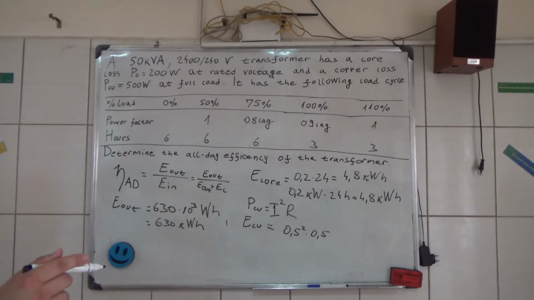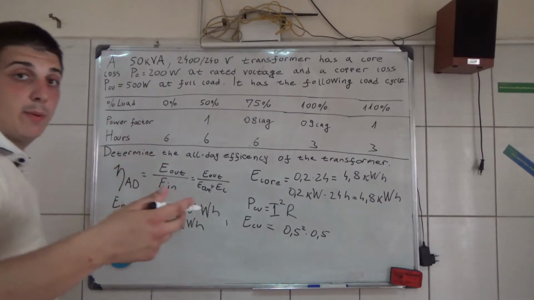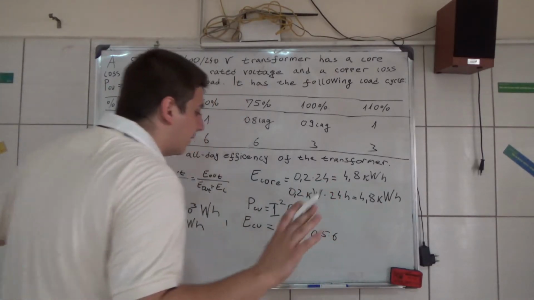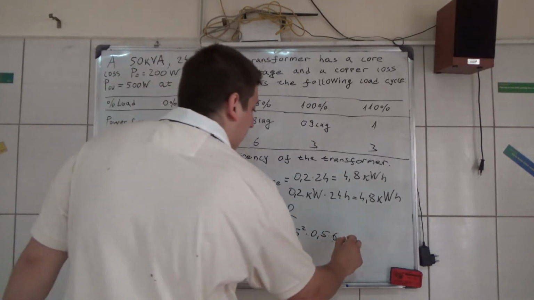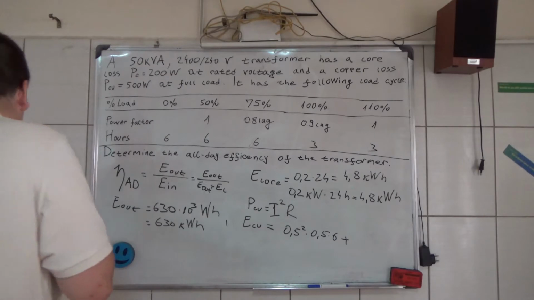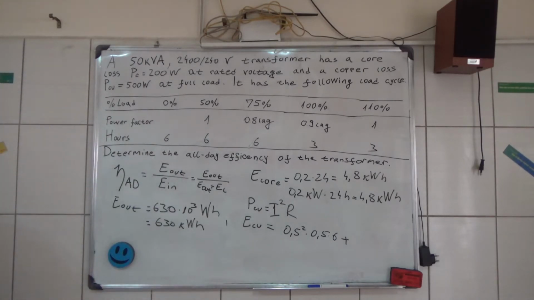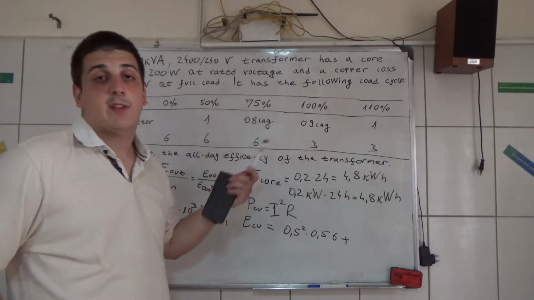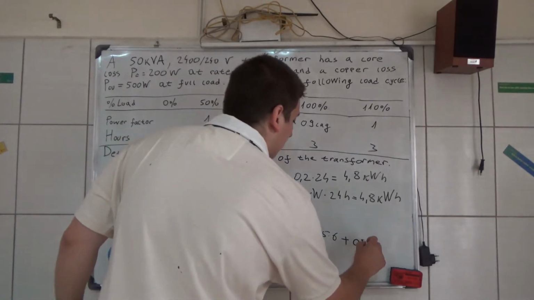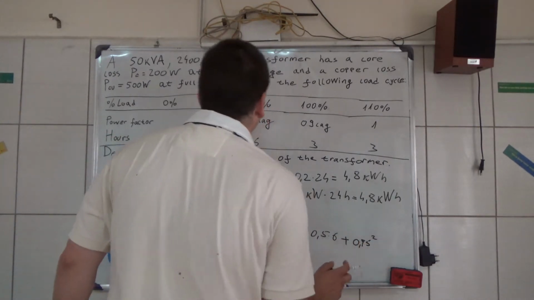Times the number of hours, and that is 6 hours, plus 75% of the load, that is 0.75 squared.